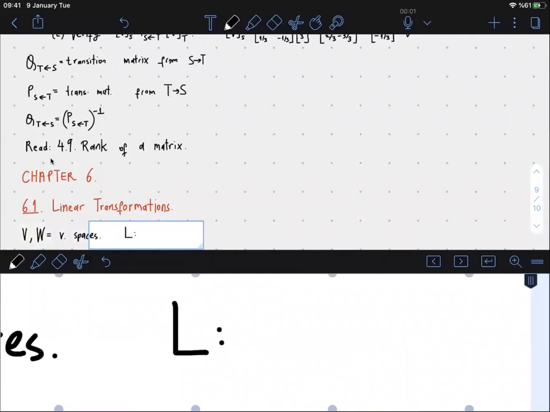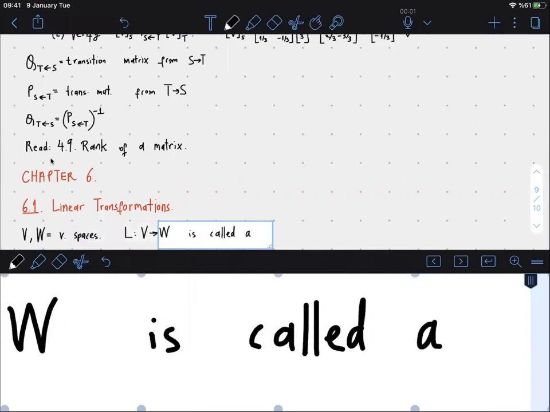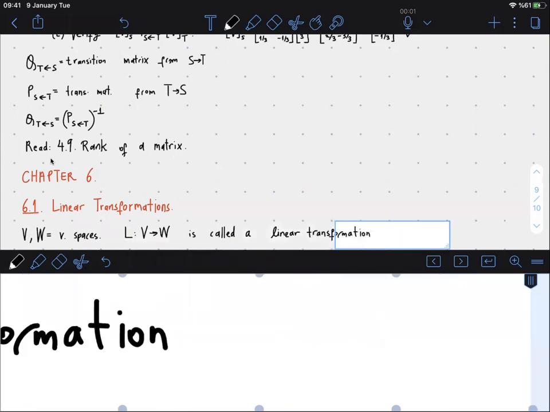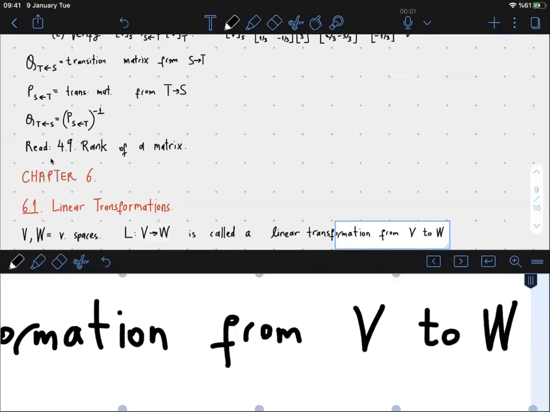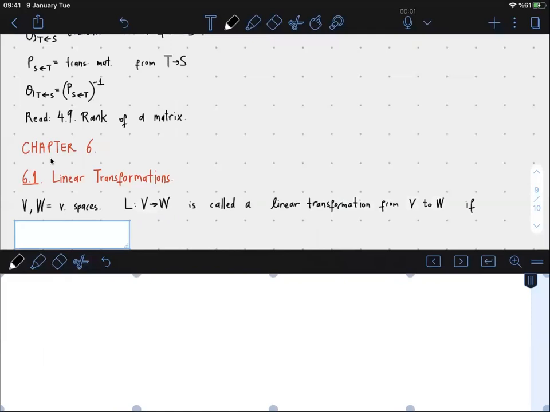So let L be a function between these two sets, V to W. And this function will be called a linear transformation from V to W if two conditions are satisfied. The first condition is this.